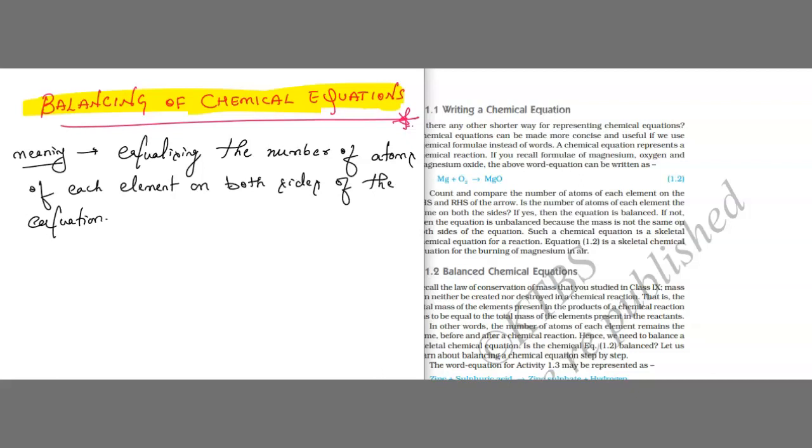That means LHS should be equal to RHS. So balancing the chemical equation means we are equalizing the number of atoms of each element on both sides of the equation.